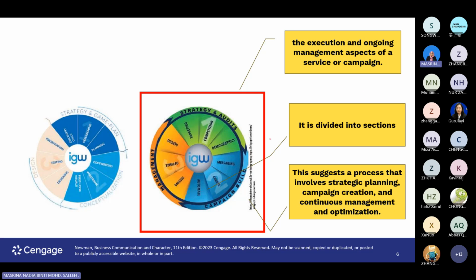It is also divided into different sections, and this suggests that the process involves strategic planning, campaign creation and continuous management and optimization.